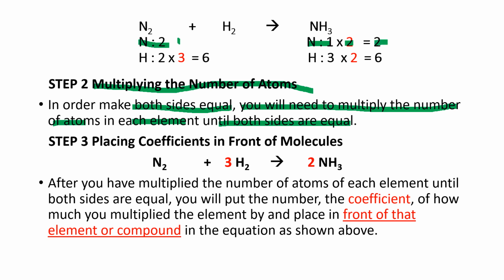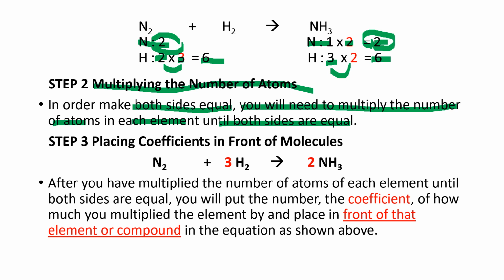Now, they are equal, right? What about hydrogen? On the reactant this is 2 and on the product you have 3, so multiply by 3 on the reactant, so 3 times 2 is equal to 6. And on the product, 2 times 3 is also equal to 6.